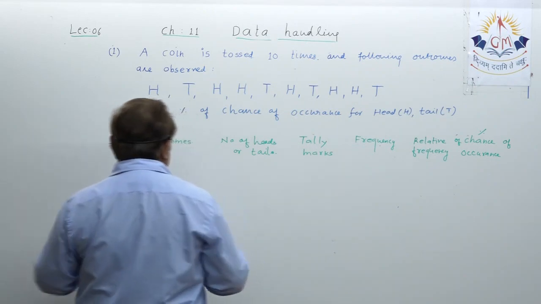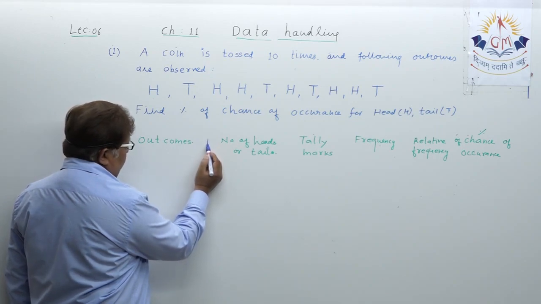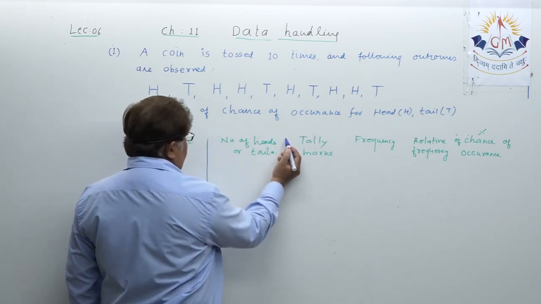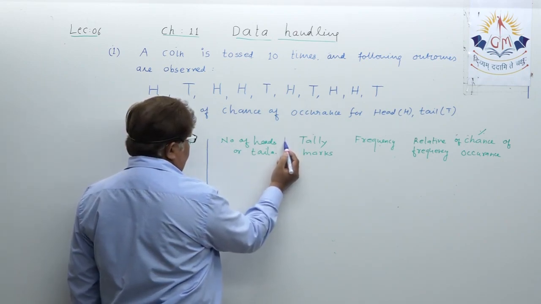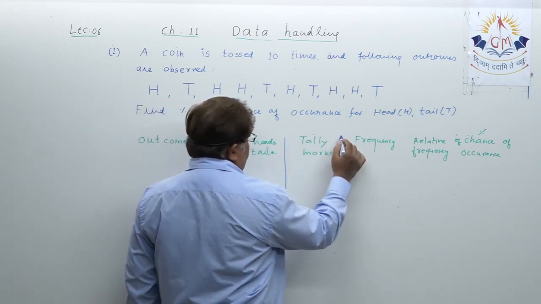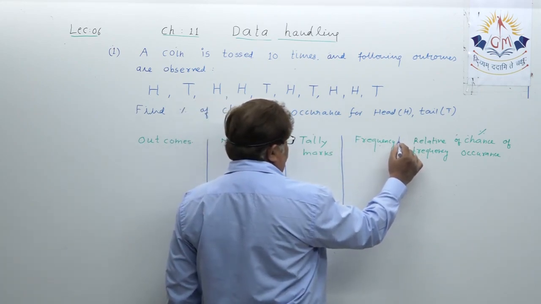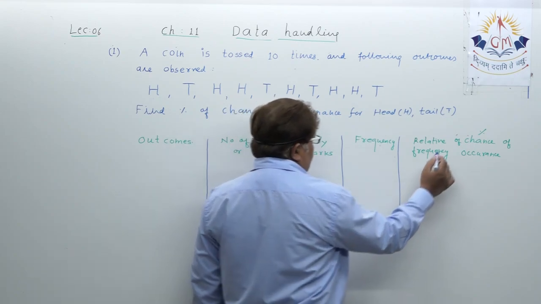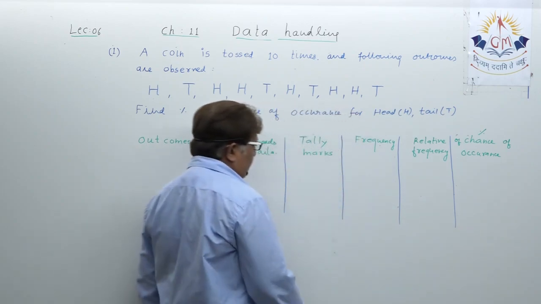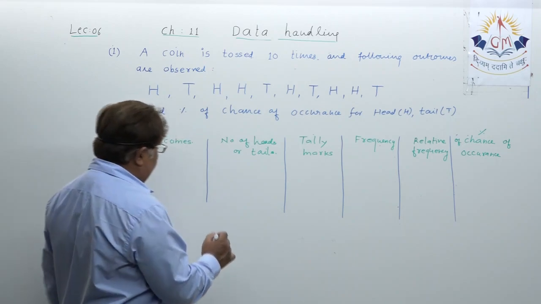So all columns we have already made. The first column is about outcome. Second column will represent number of heads or tails. Then comes the tally mark, then the frequency, then the relative frequency and chance of occurrence.